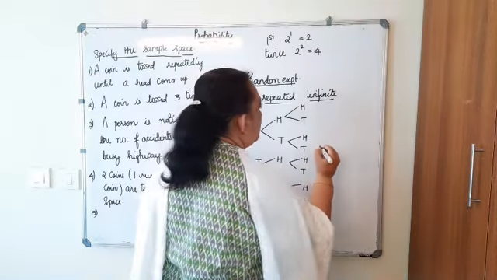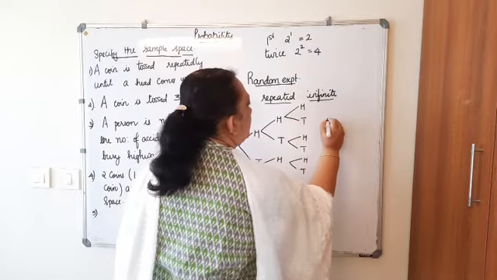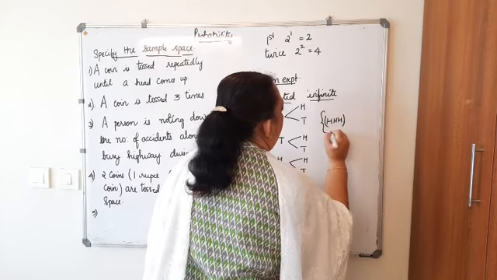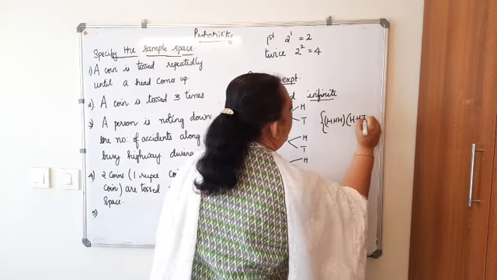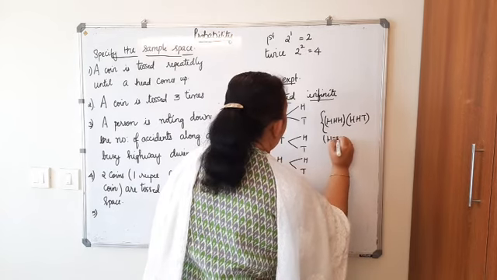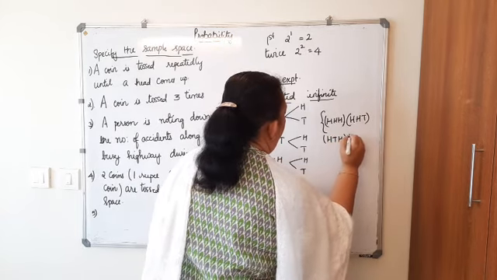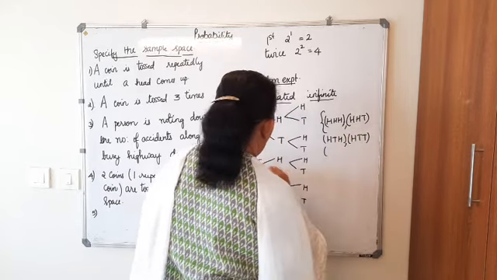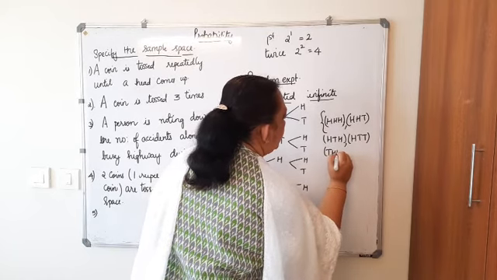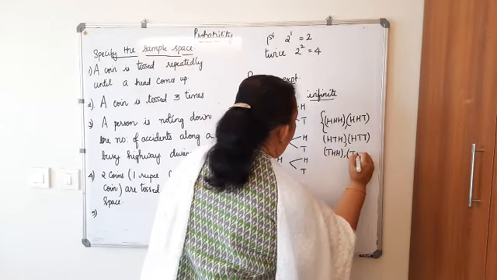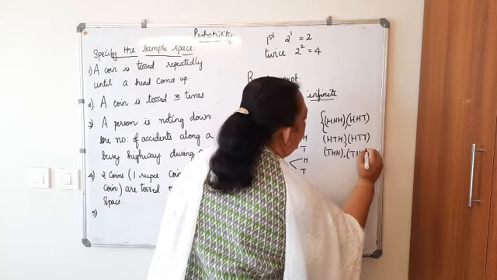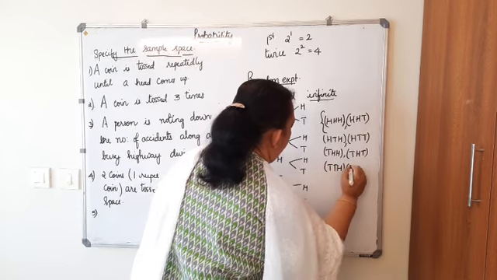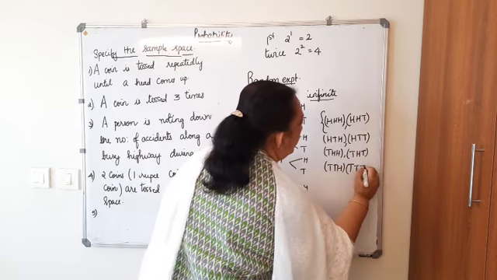And what about the sample space? The sample space will be HHH, HHT, HTH, HTT, THH, THT, TTH, TTT.